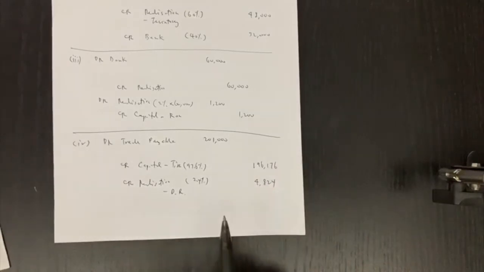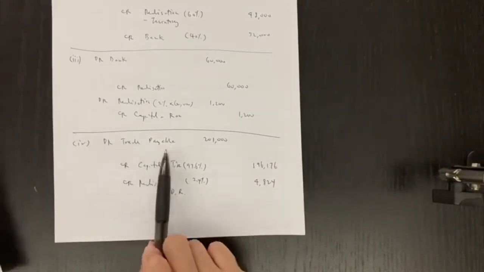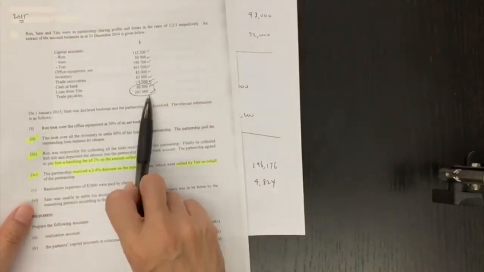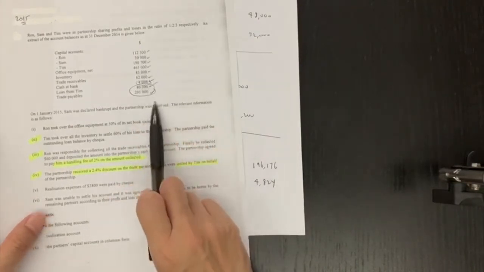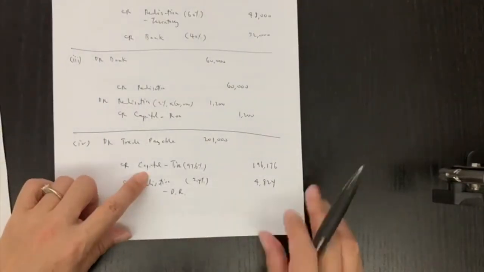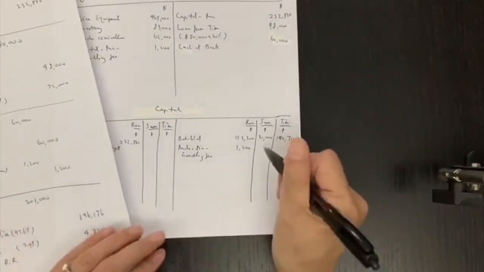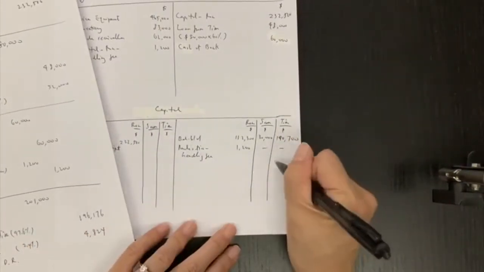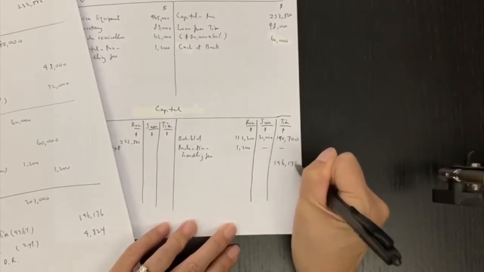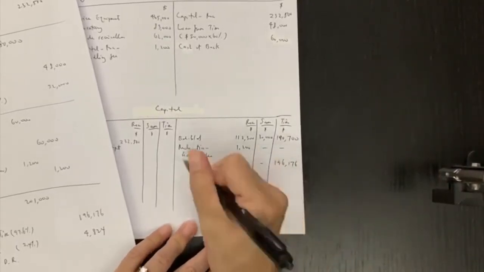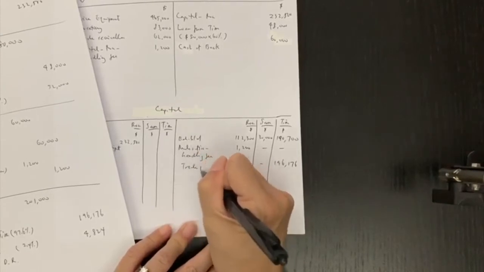Okay, so this is a double entry. Now I do my posting, debit trade payable here, no more trade payable, actually all things closed here. Okay, and credit capital team to compensate team. So team is here. So to compensate team, I have 196,176, and the description is trade payable.